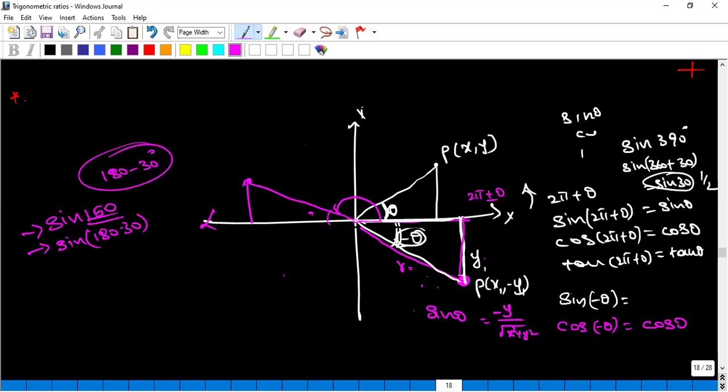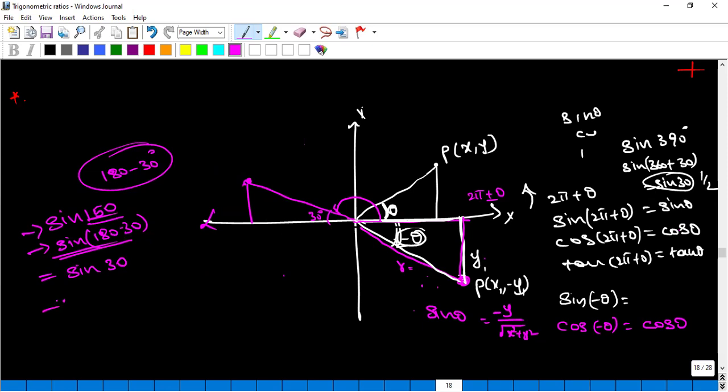The remaining is 30 degrees. Here, since you are finding sine 150, we know that we are in second quadrant. In second quadrant, sine is positive. So I can write directly, it is nothing but sine 30 only. Hope everyone understood.